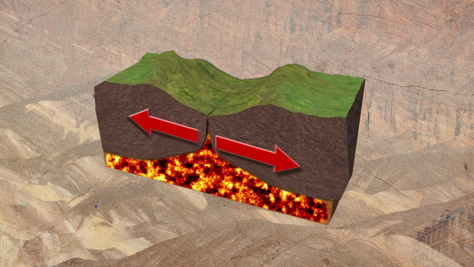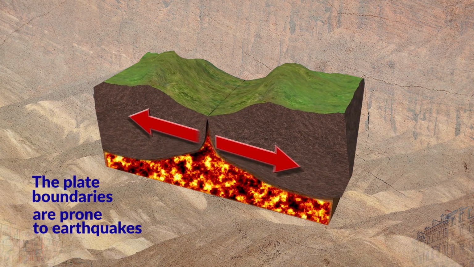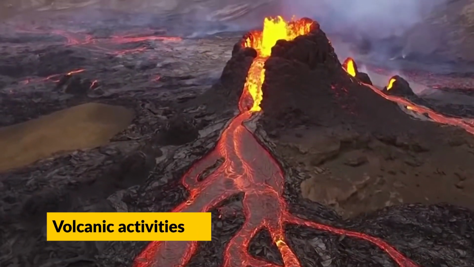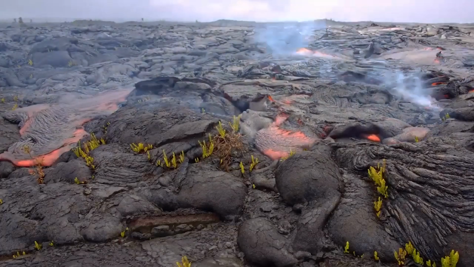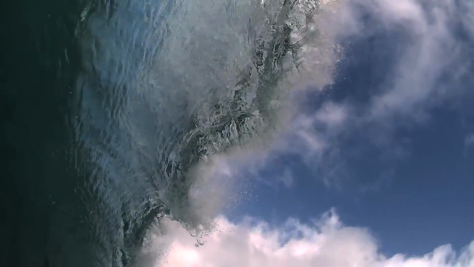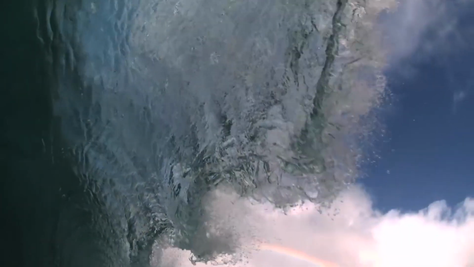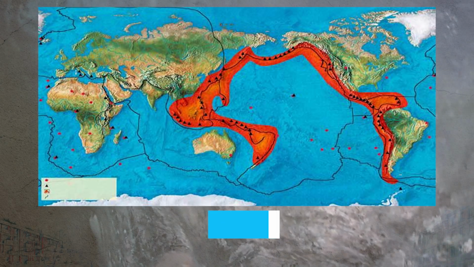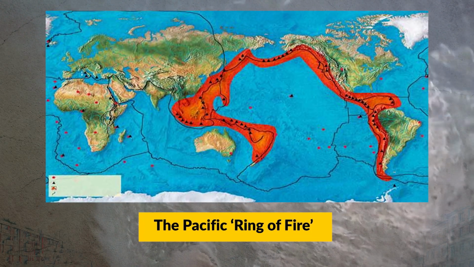So, the plate boundaries are prone to earthquakes. The other areas where earthquakes occur commonly are the areas of volcanic activities. These two zones happen to correspond with the inner circle of the Pacific Ocean, known as the Pacific Ring of Fire.